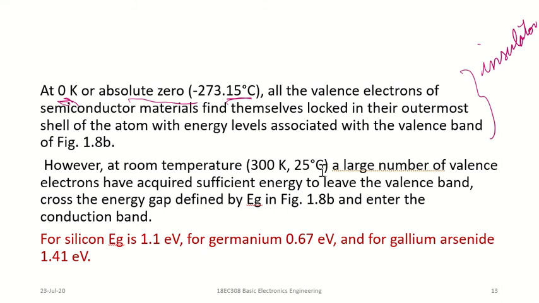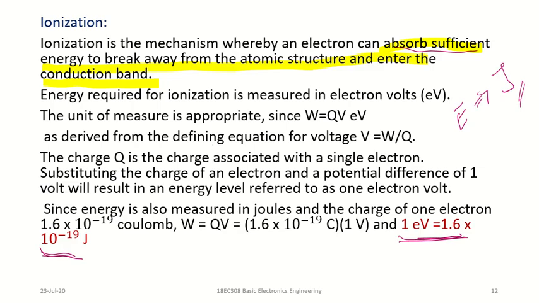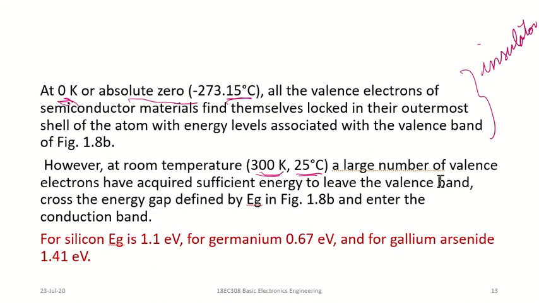But when temperature increases, room temperature being 25 degrees Celsius or 300 Kelvin, a large number of valence electrons acquire energy, leave the valence band and cross the energy gap. So conduction is going to happen. When temperature increases, it is conducting. For silicon, the energy gap is 1.1 electron volt, for germanium 0.67, and for gallium arsenide 1.41 electron volt. Know those values.